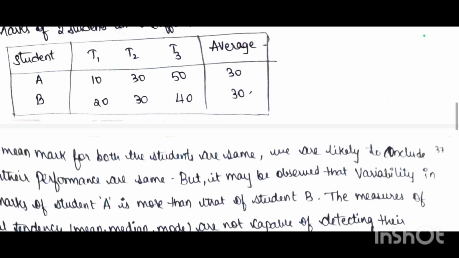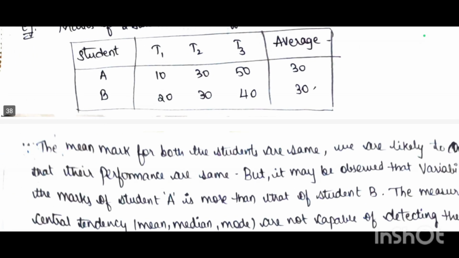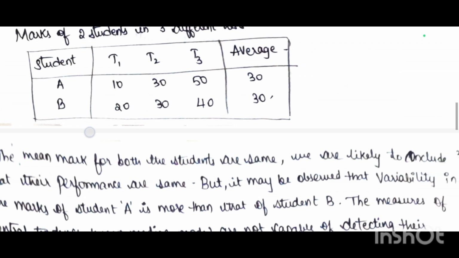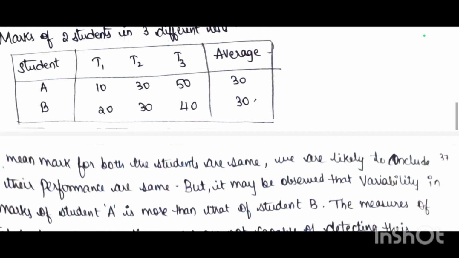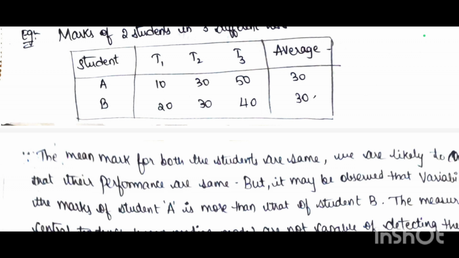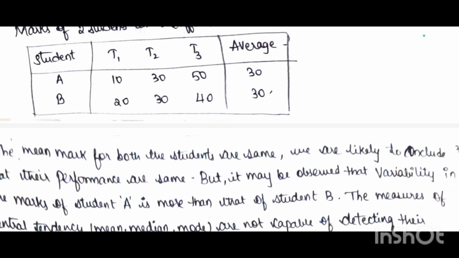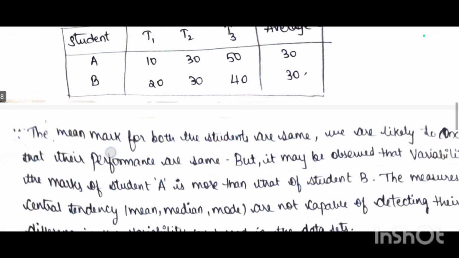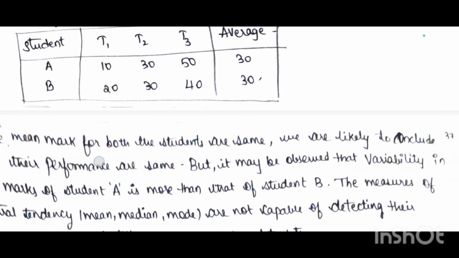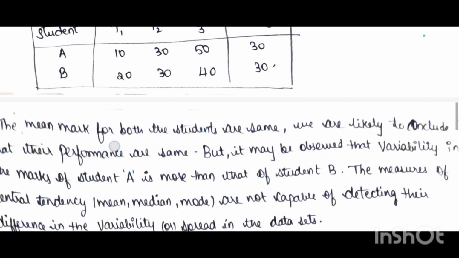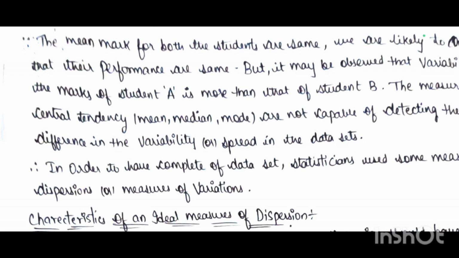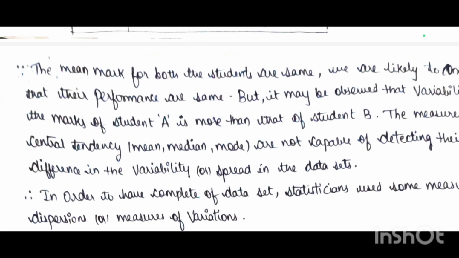Okay, we are likely to conclude that these performances are the same, but it may be observed that the variability in the marks of student A is more than that of B. The measures of central tendency, mean, median, mode, are not capable of detecting this difference in the variability or spread in the data sets.